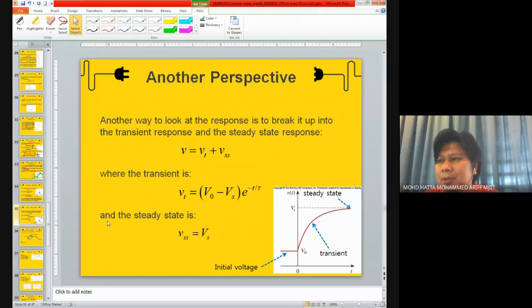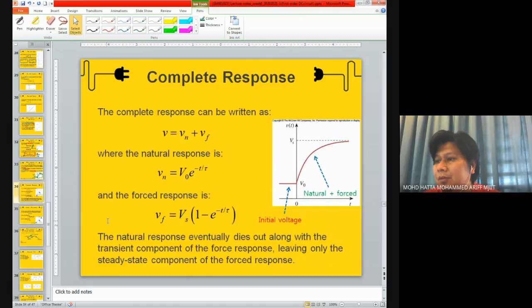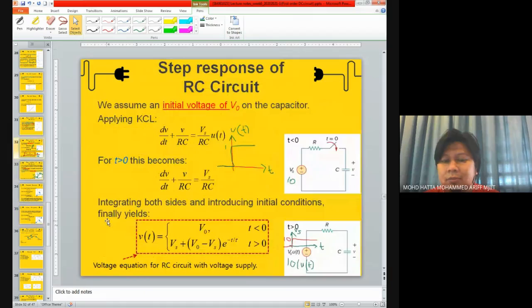And another perspective, maybe you can look at it as transient and steady state response as well. So either one, either one. But basically, if you know this equation, then it should solve the problem.